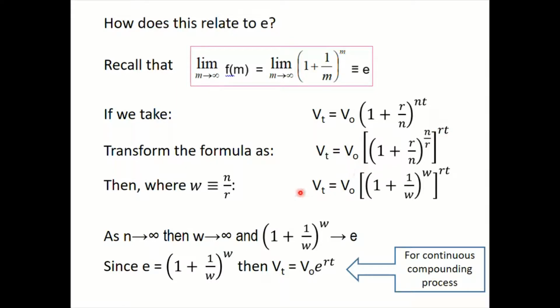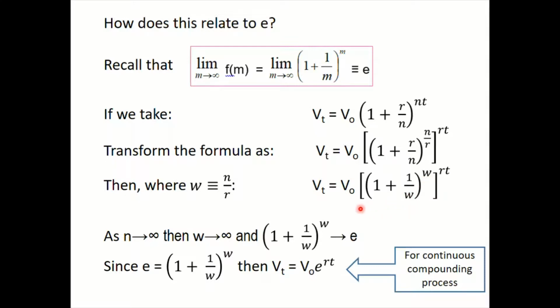All right, so it's possible to transform this formula as follows. And then what we're going to do is set w identically equal to n over r. So here we've got r over n. With this stipulated here, r over n would become 1 over w, and n over r would become w, and everything else remains the same.